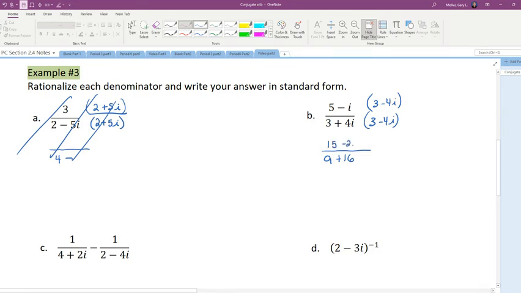Minus 20i. Minus 3i. Minus a negative is plus. 4 times 1 is 4. i times i is i squared. So this ends up being minus 4.